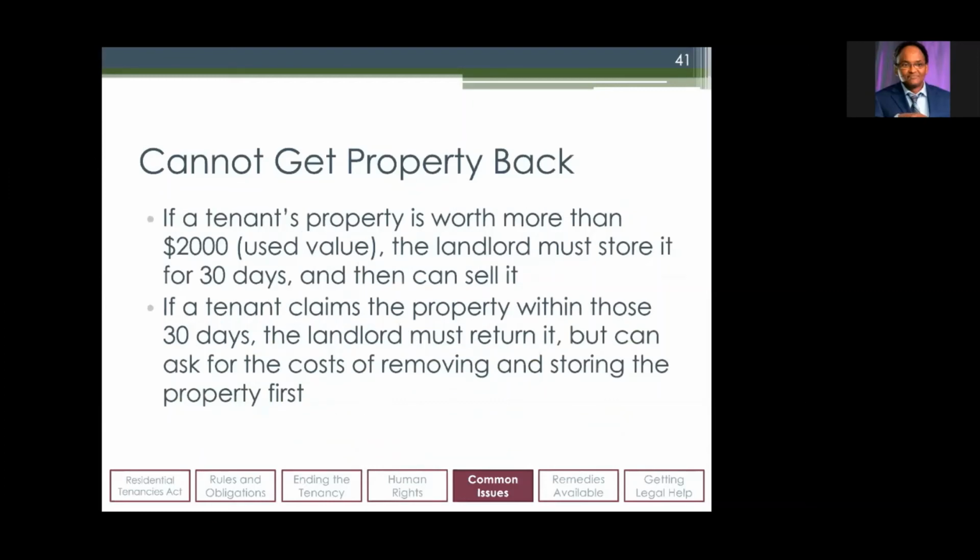And if the tenant comes back within 30 days, leave them in the place, so the cost of the storage would be the responsibility of the tenant.